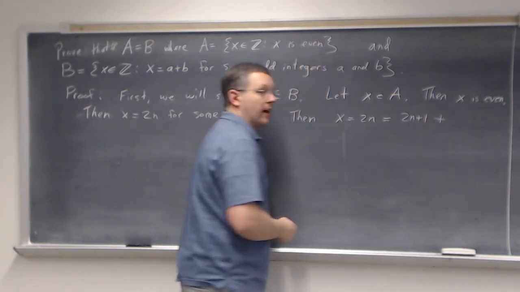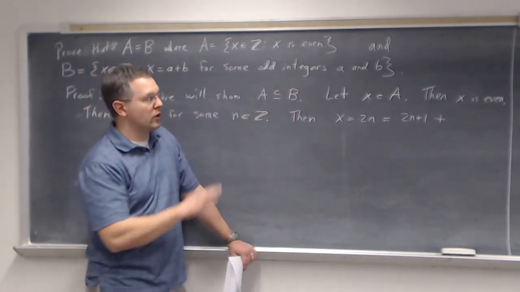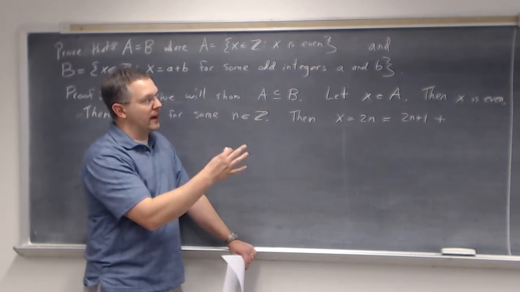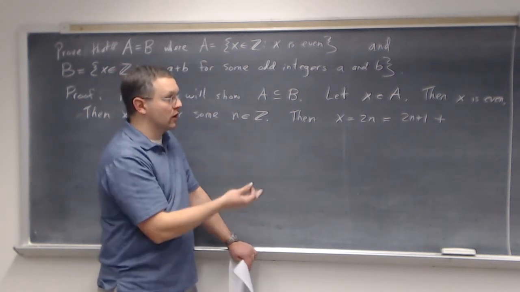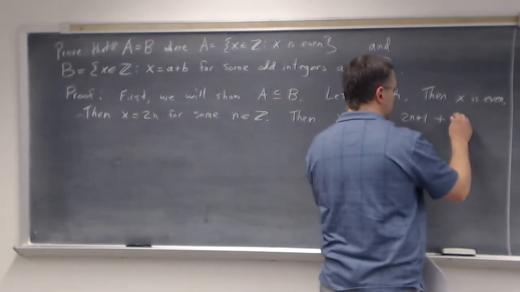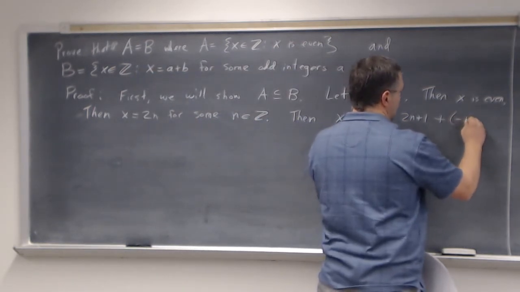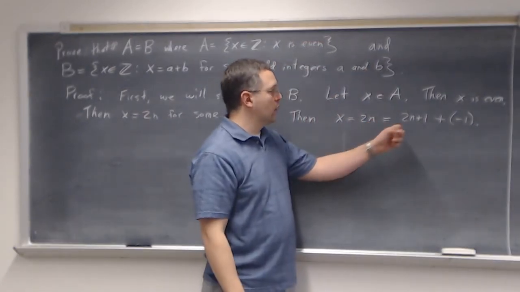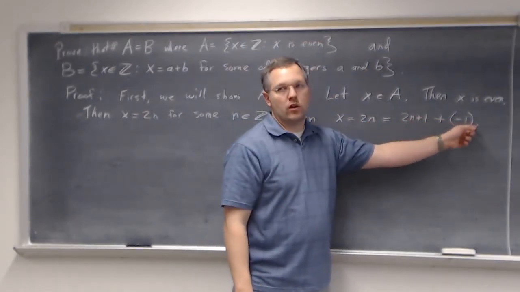This is a common trick in math. You have a quantity, you want your quantity to look different. A lot of proofs in calculus, you see this, you add and subtract the same quantity, so that the net result is 0 change. So 2n is equivalent to 2n plus 1 plus negative 1.